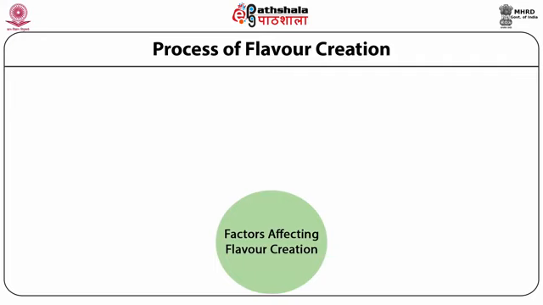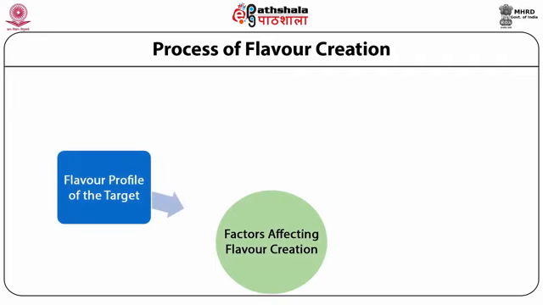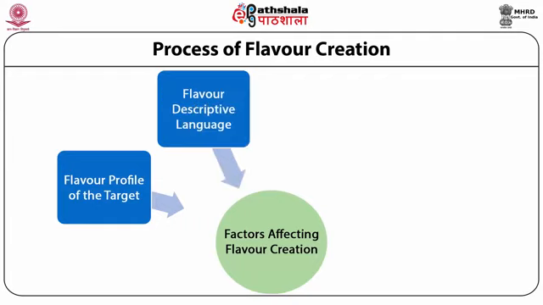First is the flavor profile of the target, like what kind of flavor we need in that particular flavoring ingredient. So that is the target flavor profile. Next is flavor descriptive language. So it should be described what kind of flavor it depicts. Is it identical to some kind of flavor?